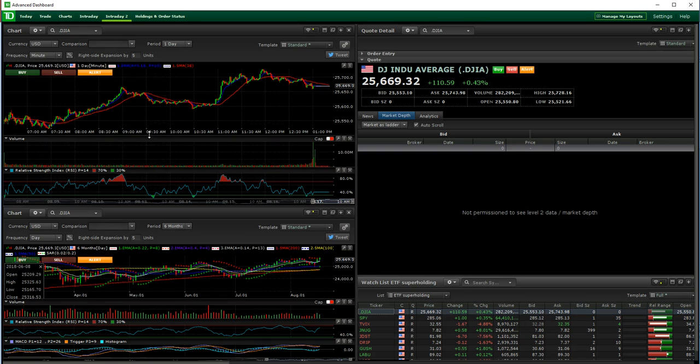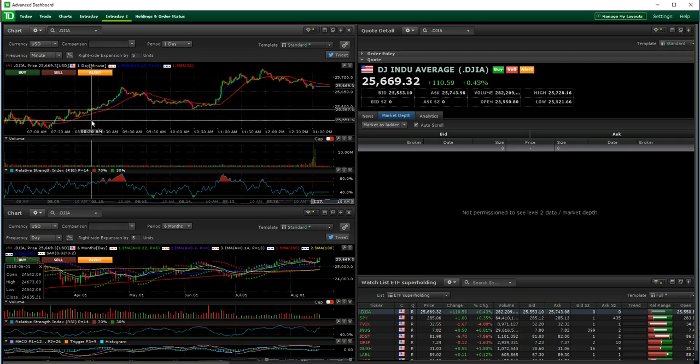Notice how I don't have a MACD indicator for my 1 minute time frame here, for the intraday graph or the 1 day graph. When I say intraday, I'm referring to the period of 1 day, and the frequency is either a minute or 5 minutes, 10 minutes.